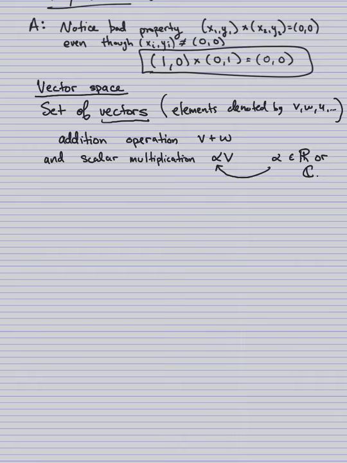Really what I should say is that this is either an R vector space or a C vector space. In general, alpha is in a field F.